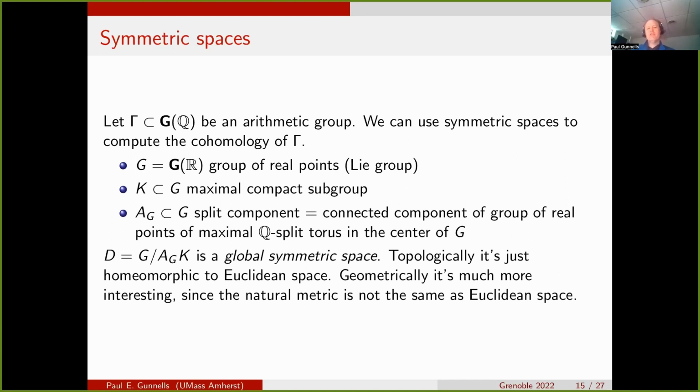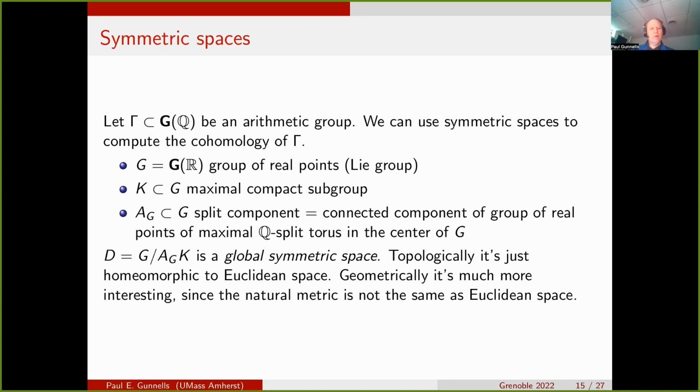So it's a copy of D GL1s that over Q looks like Q cross to the D. We want to look at such a thing in the center of G, take the group of real points, and take the connected component of the identity.